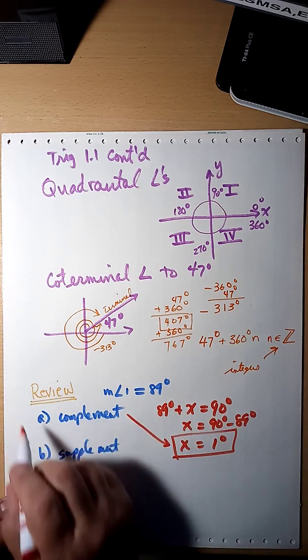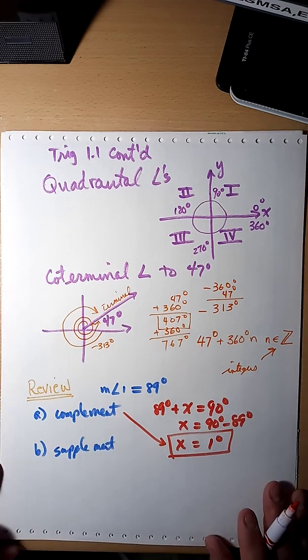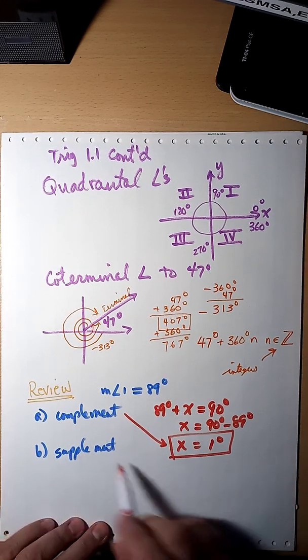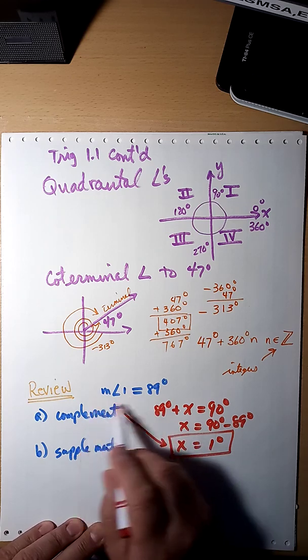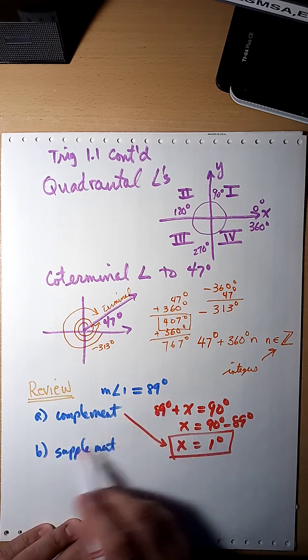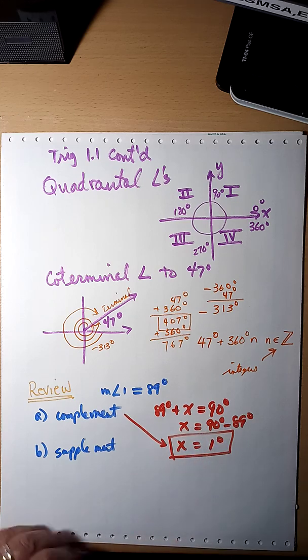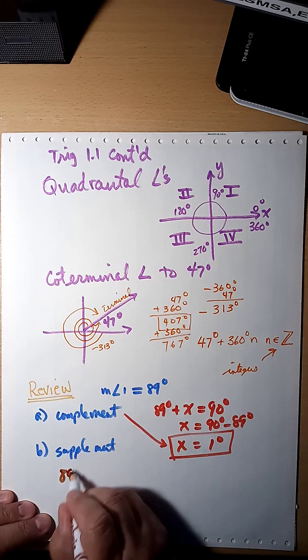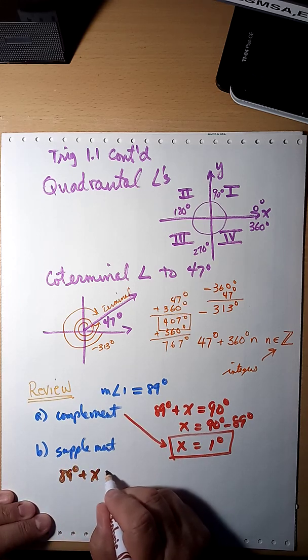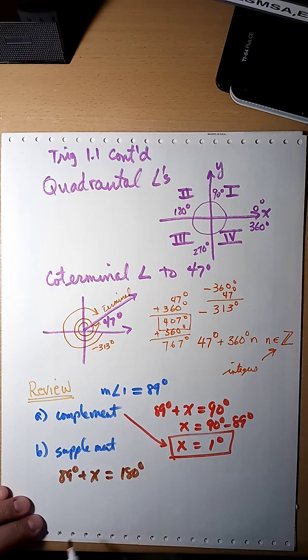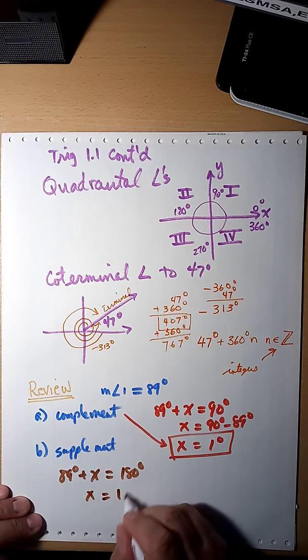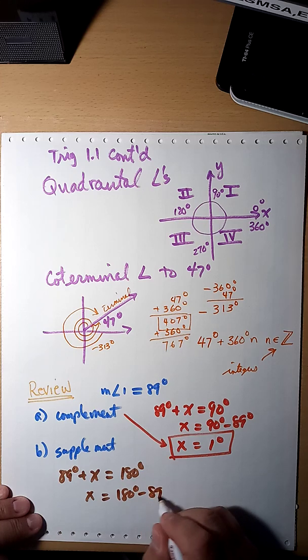And what I'm trying to show you, I guess, is when we say you have to use 4 steps to show your work, you should be able to get 4 steps by writing down the problem when possible, writing down what they're asking for, using your equations to figure things out. Suppose they wanted the supplement. Well, remember, the supplement is 89 degrees plus something that'll give you 180 degrees. So x is equal to 180 minus 89 degrees.